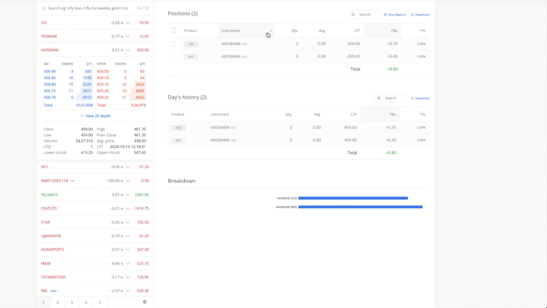If you're trading very large quantities, exiting all the positions at market price becomes a difficulty. Why? Because maybe you see that 459 is the price on the chart, but when you click on exit, you'll get a fill at 458.9 or 458.8. The fluctuations will be there when you're trading very large quantity. Exiting at the market price is going to become difficult.